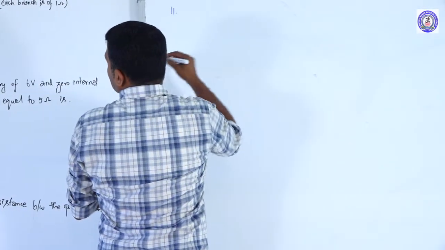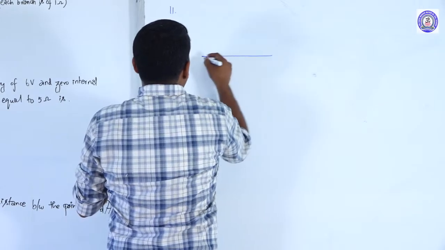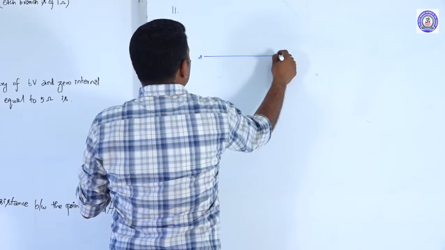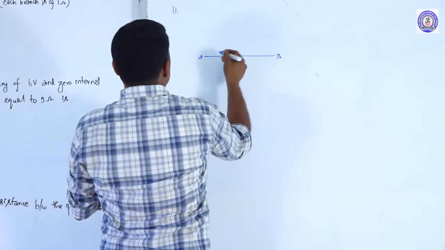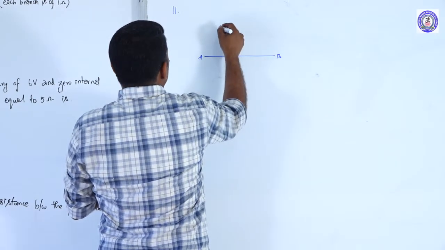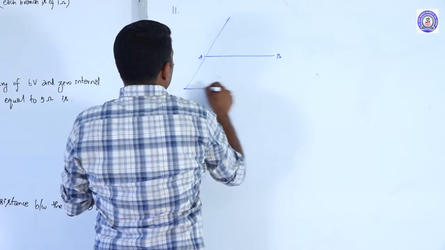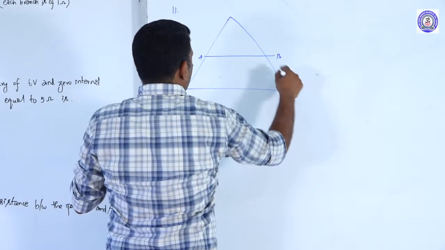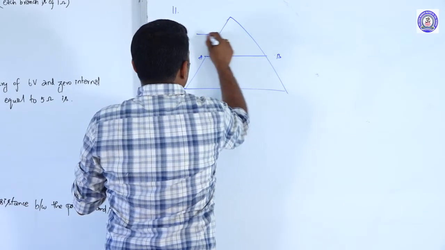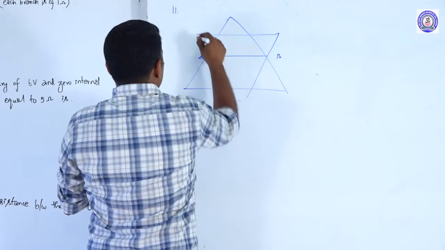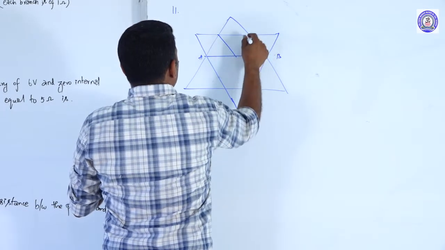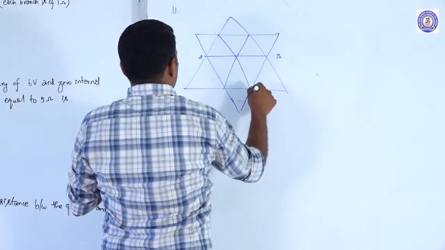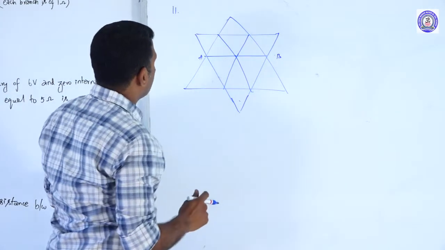Actually, the circuit has a symmetry. If you look at the case, this is A, this one is B, and this is how the circuit has been given.